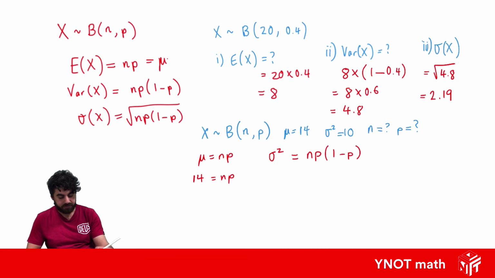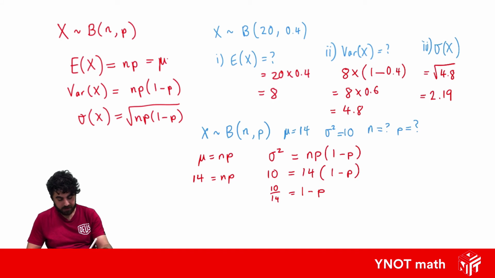We know that the variance is equal to 10, and we know np equals 14, and we get 1 minus p, and we can divide both sides by 14, so we get 10 over 14 equals 1 minus p.